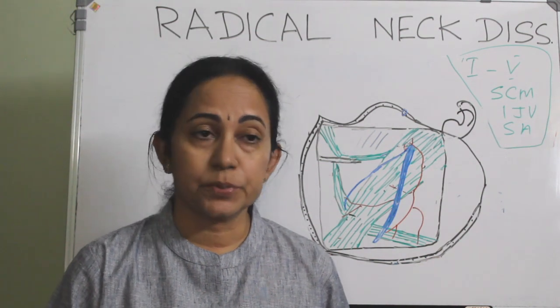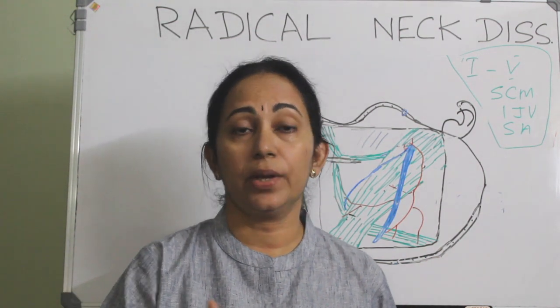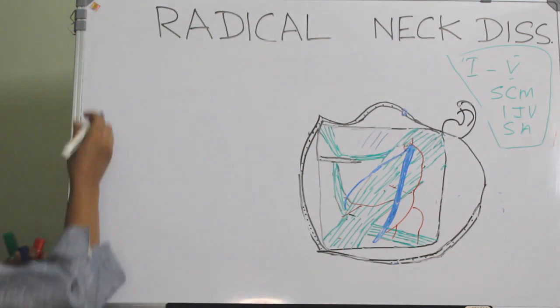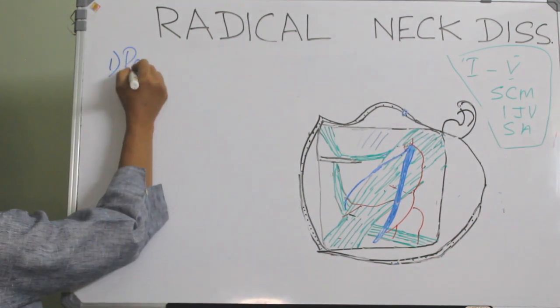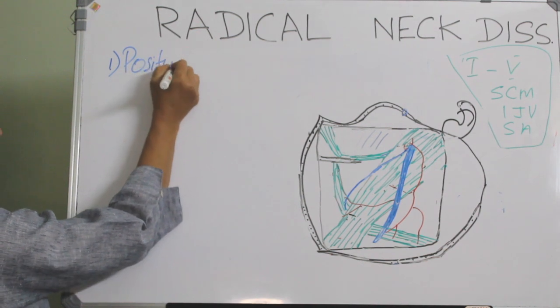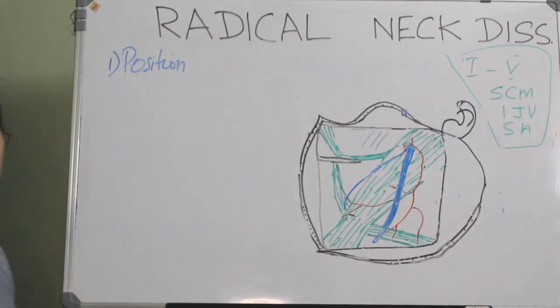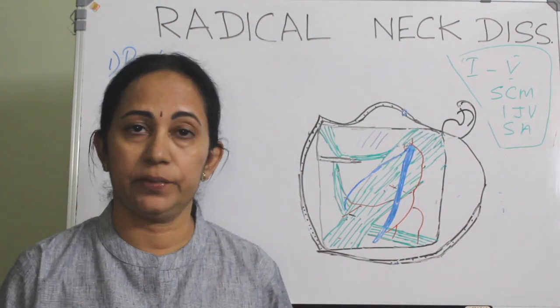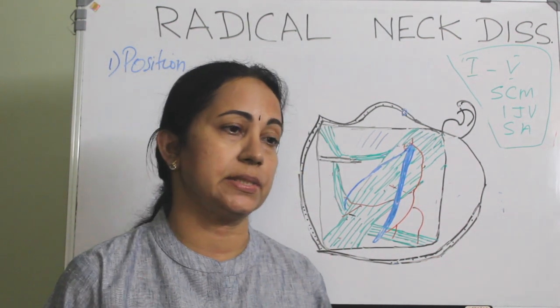Now, what are the steps of radical neck dissection? For any surgery, the steps start with the position of the patient. For any neck surgery, position is supine with extension of the neck and head turned to the opposite side.